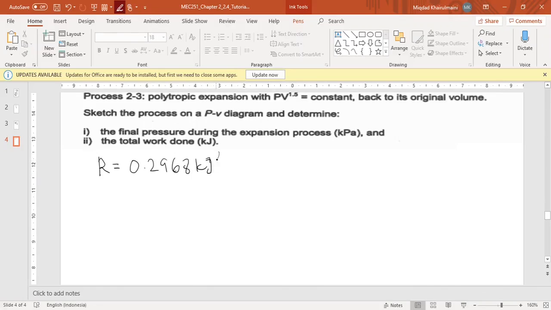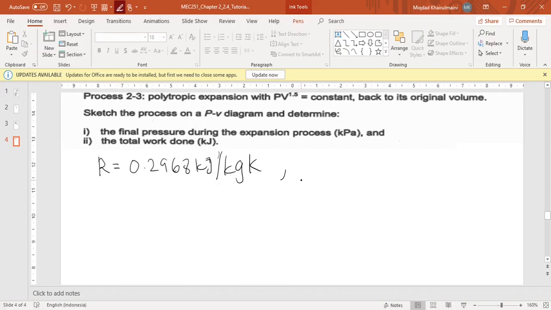Then we can read either Cp or Cv. It doesn't matter, because we can use the relationship between Cp, Cv and R to find whichever we haven't read yet.